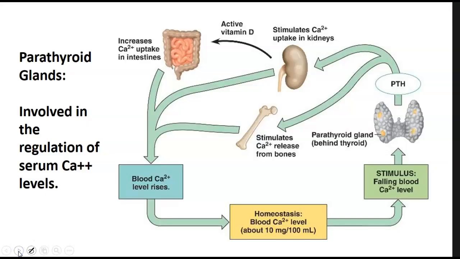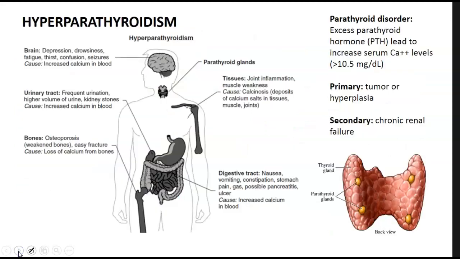Parathyroid disorder. First, think about what the parathyroid does. This gives you the feedback loop. It's involved in the regulation of serum calcium levels. Hyperparathyroidism is basically an excess of parathyroid hormone, which can lead to increased calcium levels.